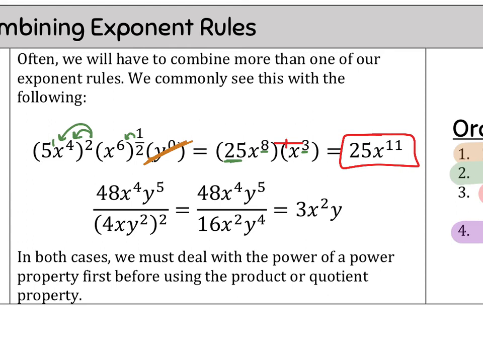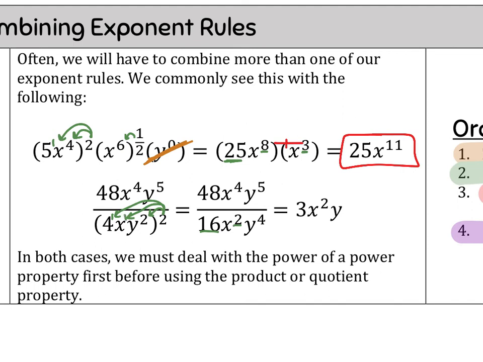In the second example, they started by looking for 0 exponents. There's no 0 exponents. So then I started using the power rule. In that denominator, you have powers raised to a power, so I'm going to multiply them. 4 to the 1 times 2, is 16, because that's 4 squared. x to the 1 times the second power is x squared.